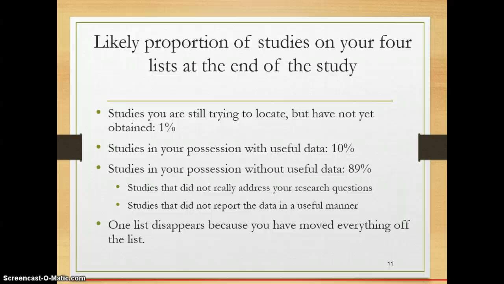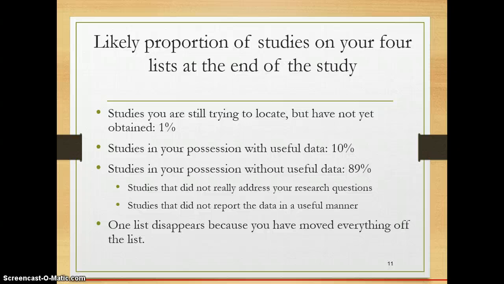This is just an example of a rough estimate of what your list of identified studies might look like. A very small portion of studies you are perhaps trying to locate but haven't been able to obtain yet. You'll also have typically in your possession a small percentage of data that are actually useful.